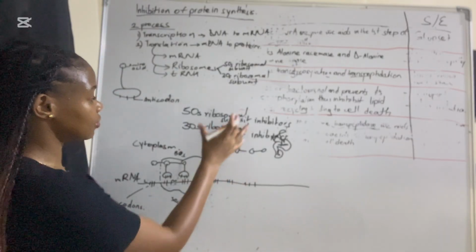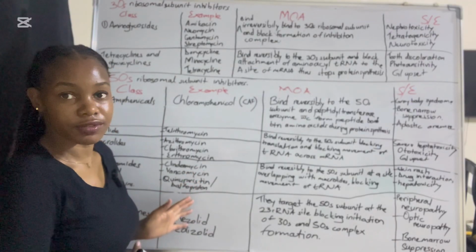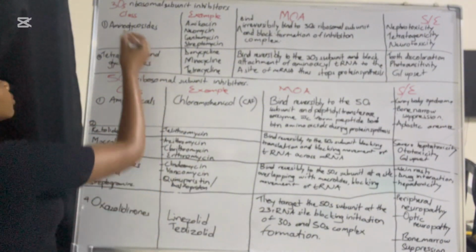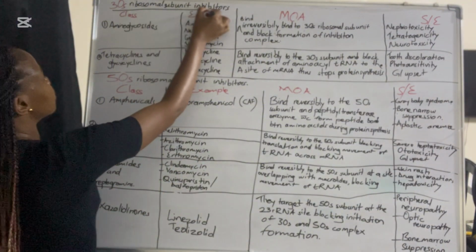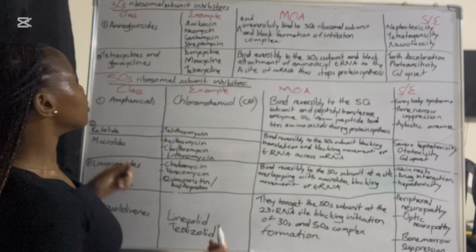Let's take these drugs down earlier to save time. So these are our classes of drugs. They are divided into two, where we are having the 30S ribosomal subunit inhibitors and the 50S ribosomal subunit inhibitors.